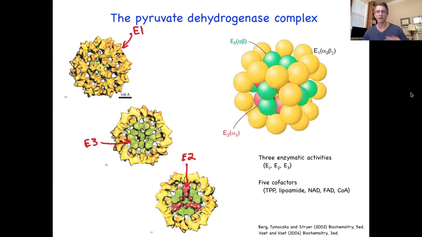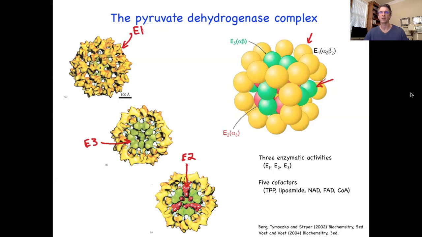So in another view of it, it looks something like this, schematized. And what you'll notice is each one of those subunits is a multimer. The one here is pyruvate dehydrogenase, the green one is the dihydrolipoamide dehydrogenase, and down there in the red is the transacetylase.